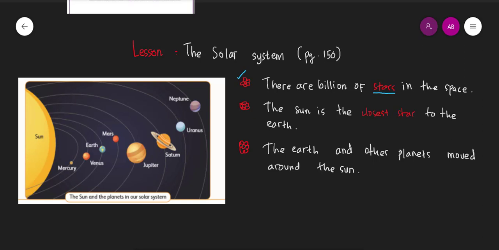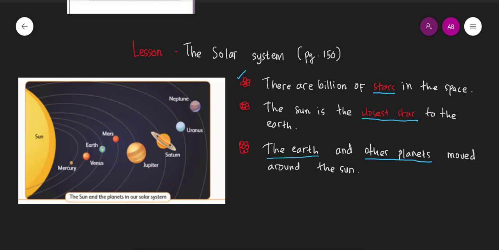Okay, the second thing that you need to know is that the sun is the closest star to the Earth. And the third thing is that the Earth and other planets move around the sun, everyone. So they revolve around the sun.